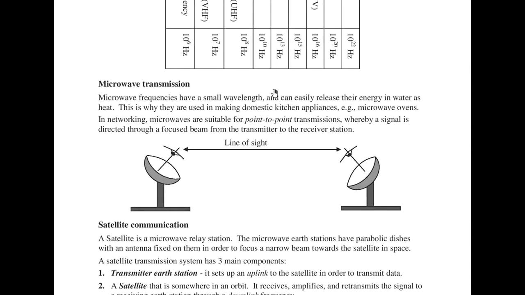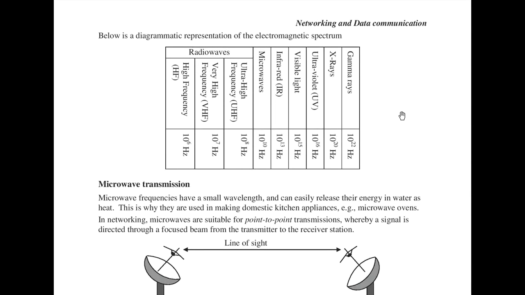When you talk about microwaves, frequencies have a small wavelength and can easily release their energy in water as heat. This is why they are used in making domestic kitchen appliances, e.g. microwave ovens. In networking, microwaves are suitable for point-to-point transmission, whereby a signal is directed through a focused beam from the transmitter to the receiver.